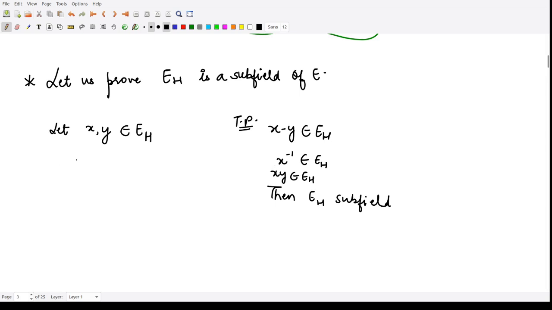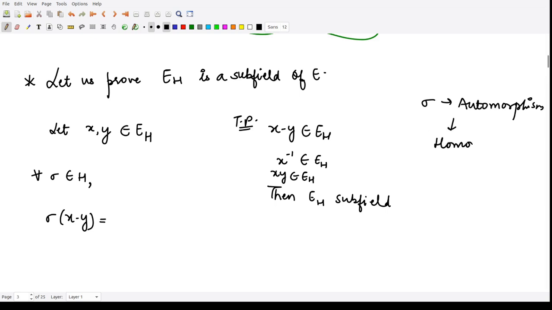So for proving that, we take, for all sigma belonging to H, sigma of x minus y. What is this thing? Because this mapping sigma is an automorphism, that means it would be 1-1, it would be onto, and it would also be a homomorphism. And what does a homomorphism do?